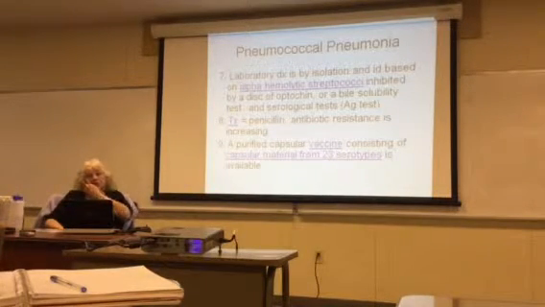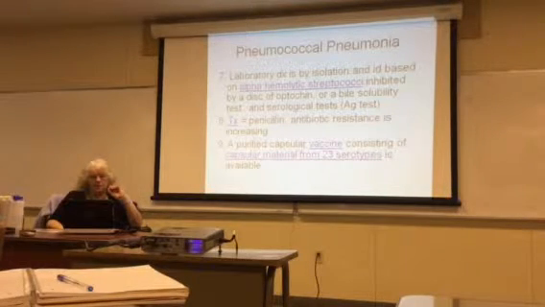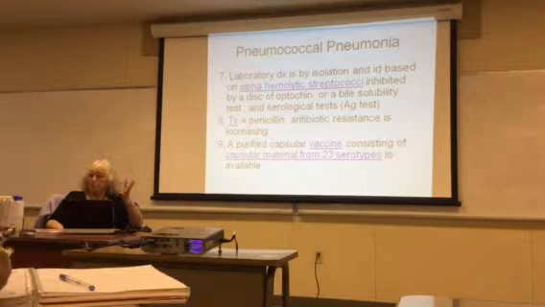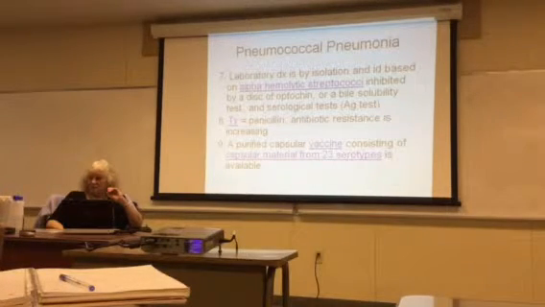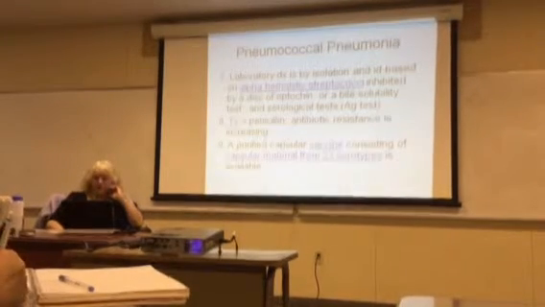Laboratory diagnosis is by isolation and identification. If you put it on blood agar, this streptococci is alpha hemolytic, as opposed to Streptococcus pyogenes, and that particular bacteria causes a lot of different things.